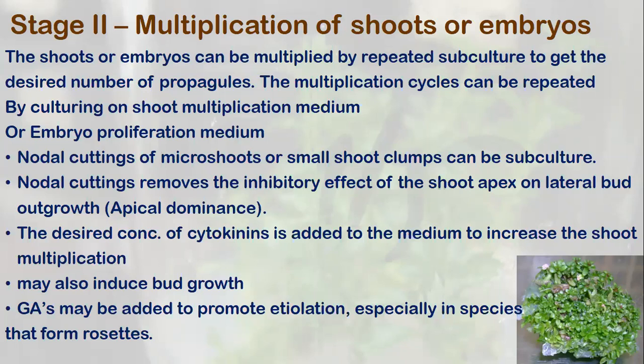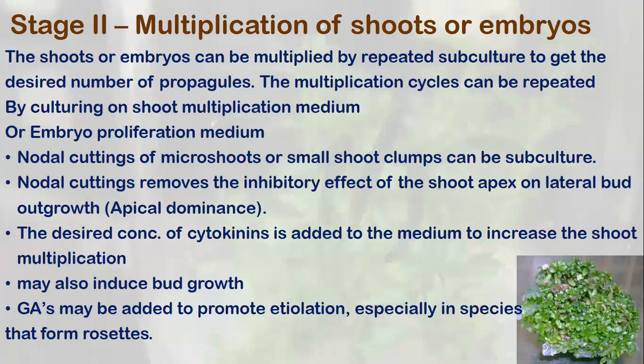So that is important, that apical dominance can be removed by cutting, making nodal cuttings, or by adding a higher concentration of cytokinins, because it is the cytokinins that determine whether the shoot will grow or not. So long as all cytokinins are going to the main shoot, it does not allow the axillary shoots to grow.